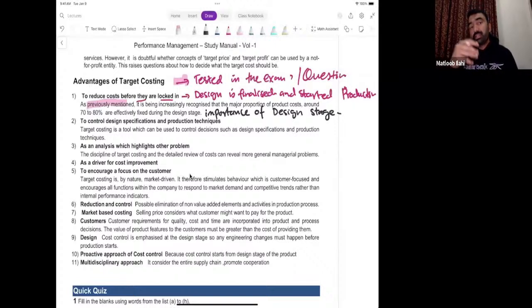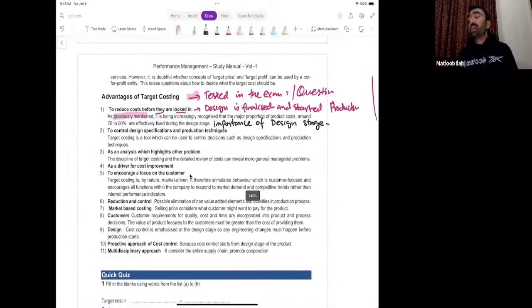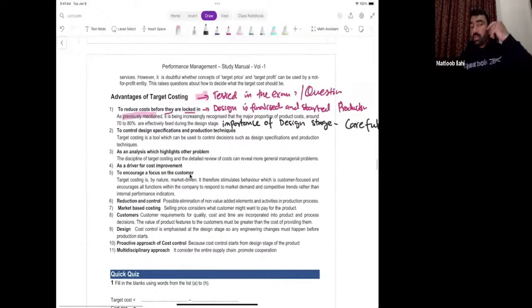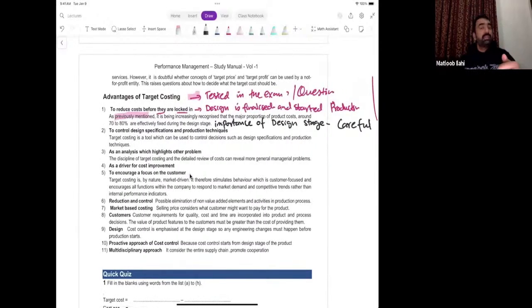By the way, we will discuss this again in the next chapter, life cycle costing, as well. But at this point, you need to know how important it is to very carefully craft the design of a product, because once the design is in the production phase, it will be very difficult to change.